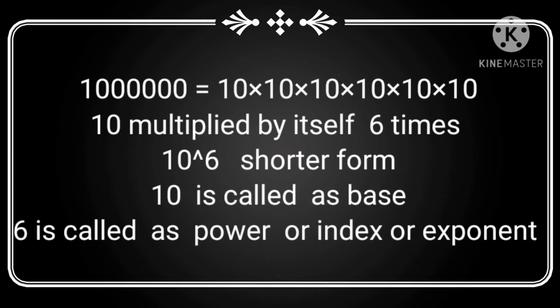So, if we split this number in tens, then it becomes 10 multiplied by itself 6 times, as 1 million has got 6 zeros. And if we wish to write it in shorter form, then it will be 10 to the power 6. That is how 10 is called the base and 6 becomes the power or index.